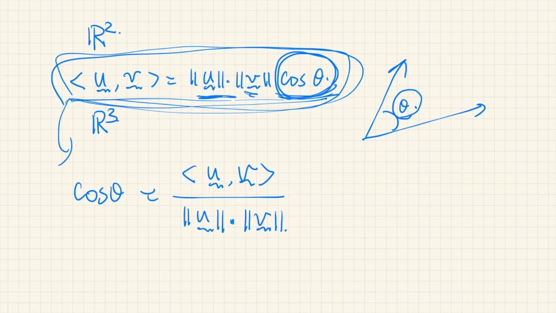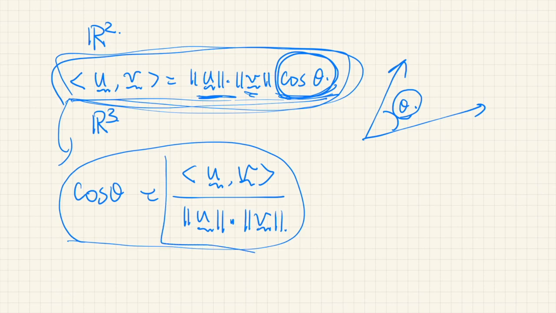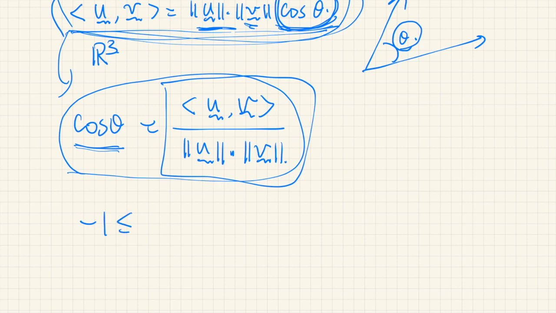So for this equation to be true, this right-hand side should be compatible with the cosine function. The range of the cosine function is between -1 and +1 for any angle theta, right?